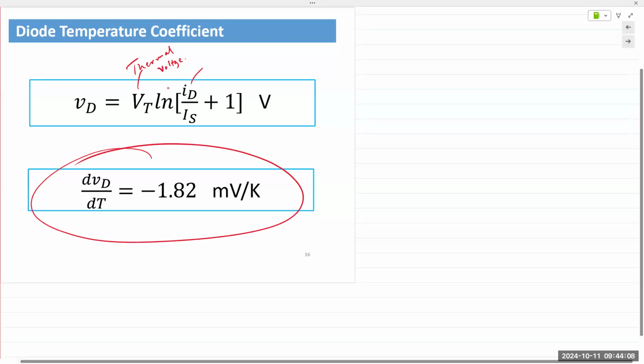So the rate of change of the diode voltage as a function of temperature is minus 1.82 millivolts per Kelvin. And this is a very consistent and very linear relationship. So the diode voltage decreases as the temperature increases, and it's a highly linear relationship.